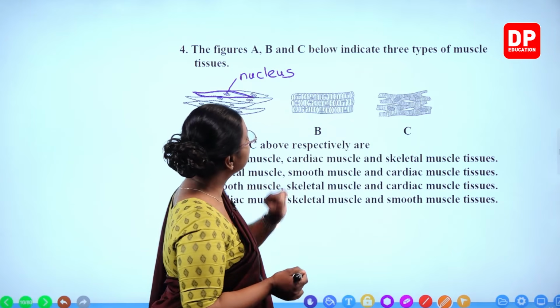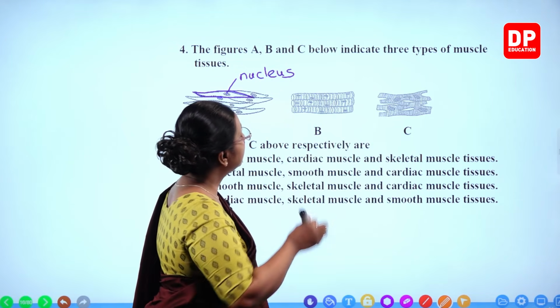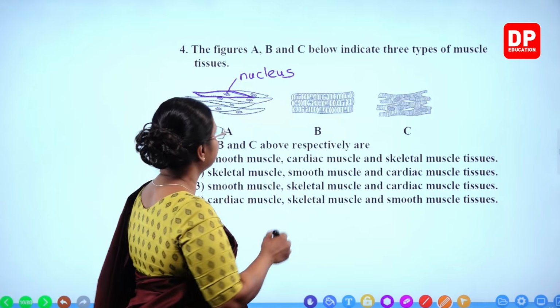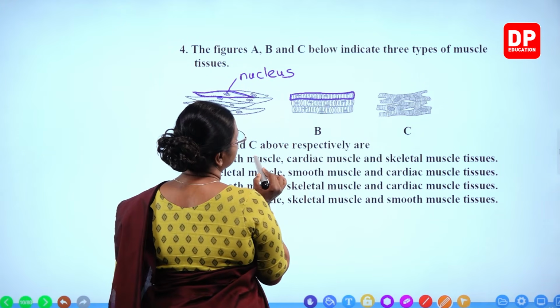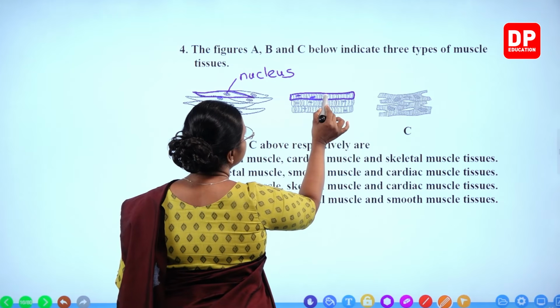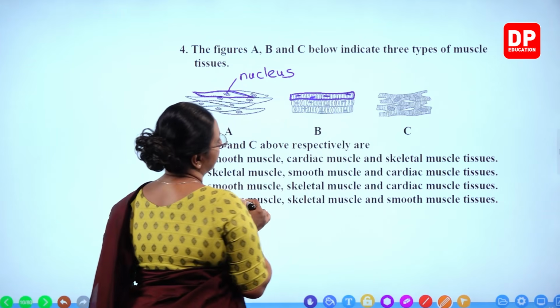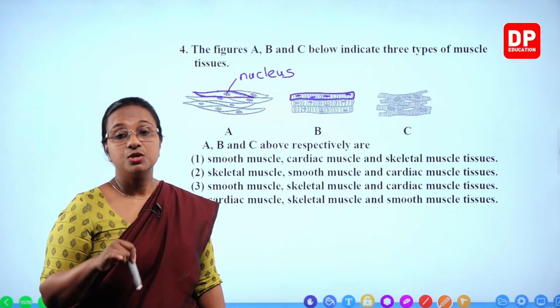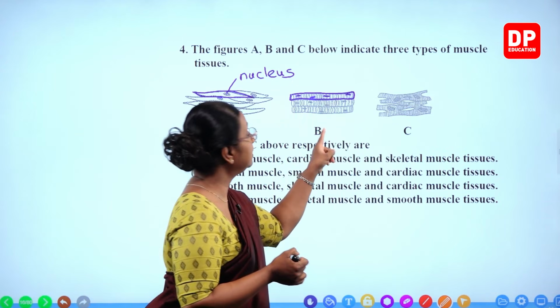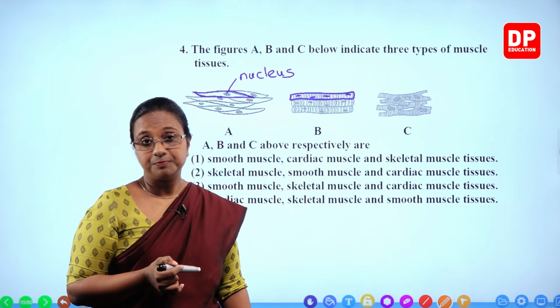Then if you look at figure B, can you all see? These are long cylindrical structures. Now here you can see the long cylindrical structures, and also here you can see there are many nuclei. Now those disc-like structures are the nucleus. So this is actually a multinucleate fiber.